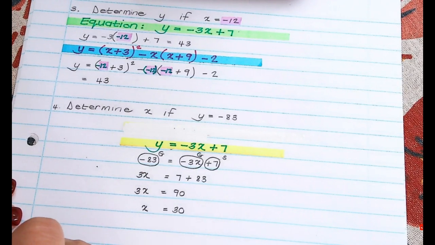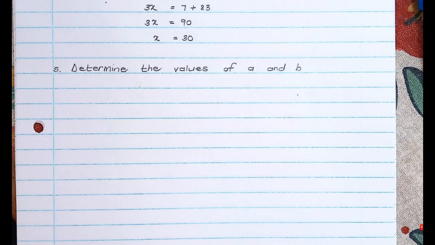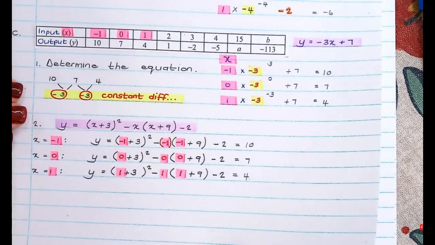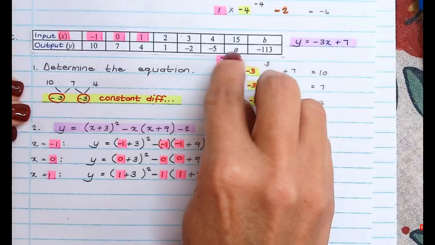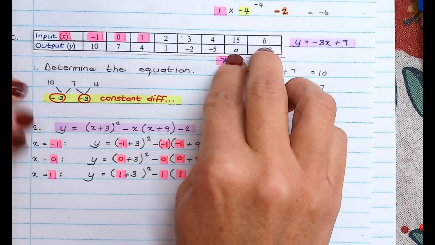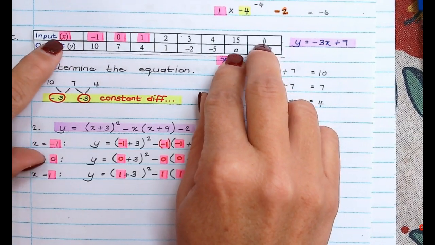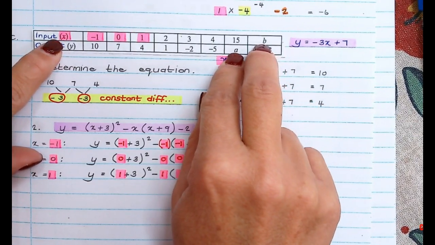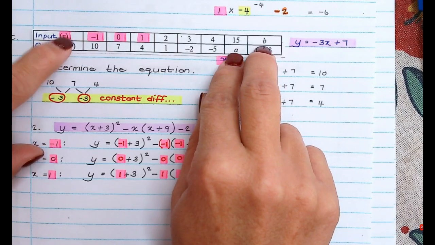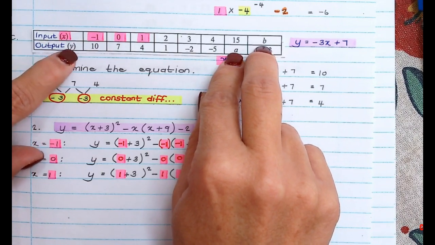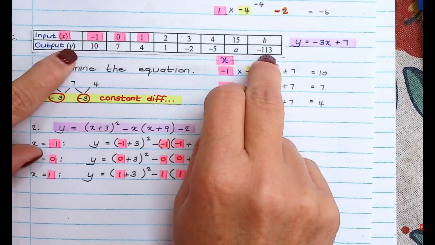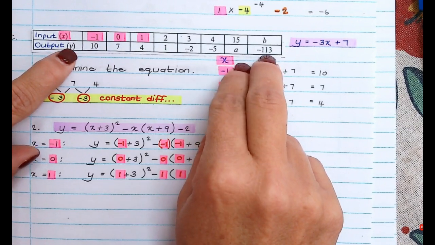Read the question: determine x if y is equal to minus 83. Right, question number 5. Determine the values of a and b. Now here's the table that we are using. We have to determine the values of a and b. Now please have a look. If we calculate the value of b, we are solving x if y equals minus 113.